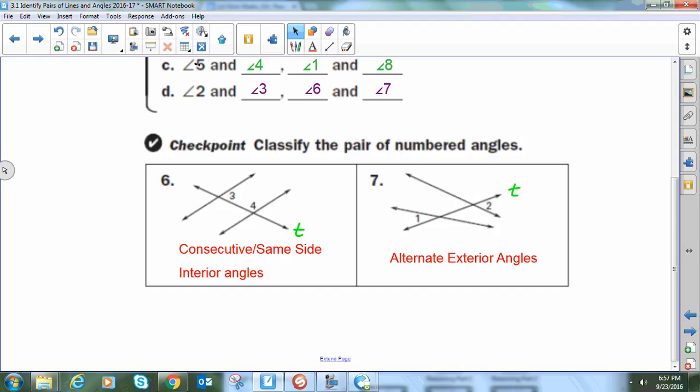So that's pretty much it as far as how we're going to be using the lines that we have, whether they're parallel, perpendicular, or otherwise intersecting, and using those to say, well, based off of where they are in a diagram, they are now going to be classified as this type of angle.